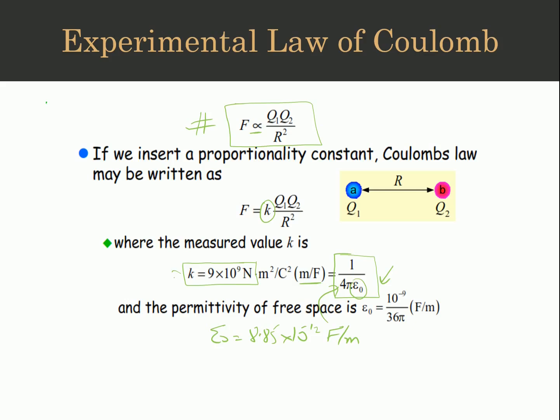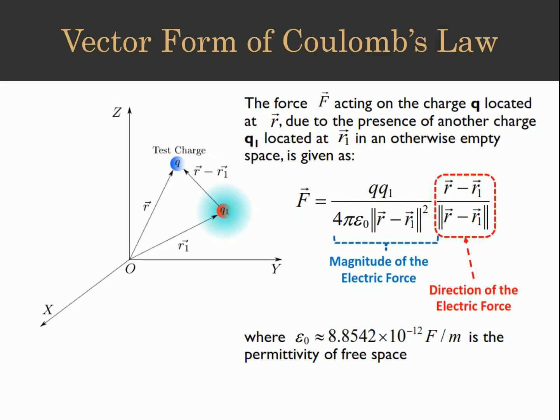We consider any coordinate system xyz, let's say the rectangular coordinate system, with an origin. We have one charge q1 placed in this coordinate system, or in free space, and another charge called test charge q, and we want to see the effect of q1 on q. So we want to see how much force exists between q1 and q.